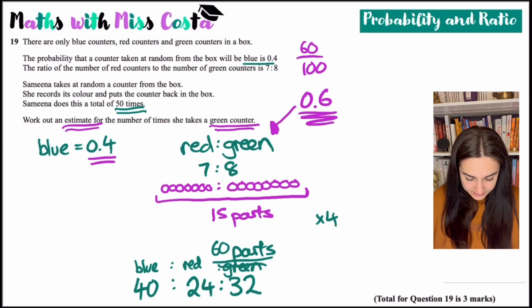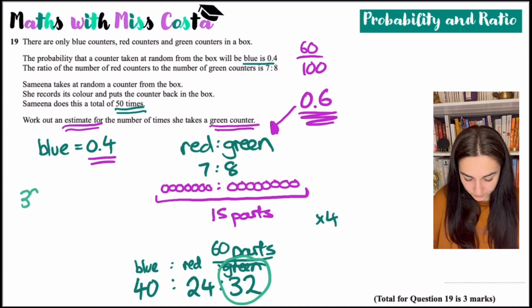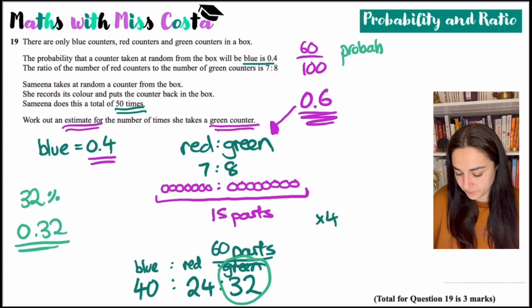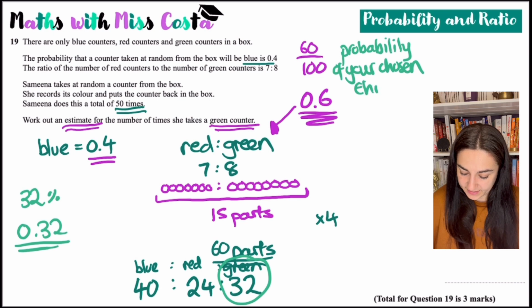And what do I need to do? She takes at random a counter from the box, records its colour, and I need to work out an estimate for the number of times she takes a green counter. So the probability of a green counter would be 32% or 0.32. And whenever you work out probability, you always do the probability of your chosen thing happening.